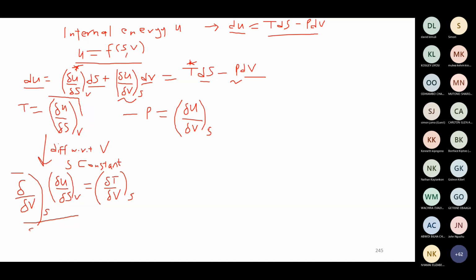You can write it as delta v at constant s, and then delta s at constant v of u equals delta t over delta v at constant s. Okay.